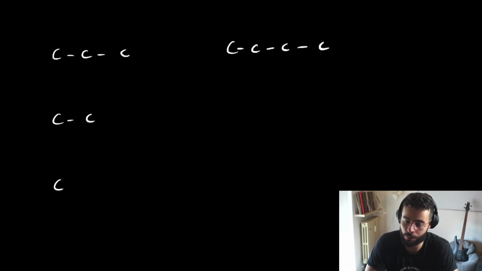So hydrocarbons have a very straightforward way to name them. In organic chemistry we use something called nomenclature, and in nomenclature we have a specific set of rules that we use in order to name different compounds.